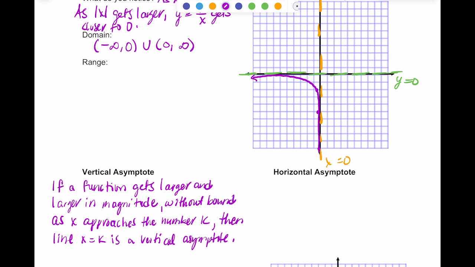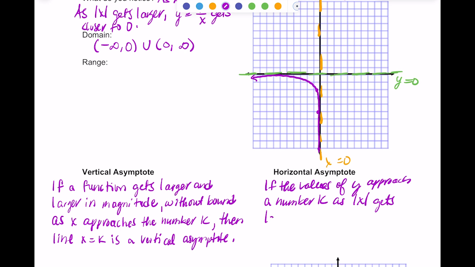So a horizontal asymptote says if the values of y approach a number k as the absolute value of x gets larger and larger, then the line y = k is a horizontal asymptote.